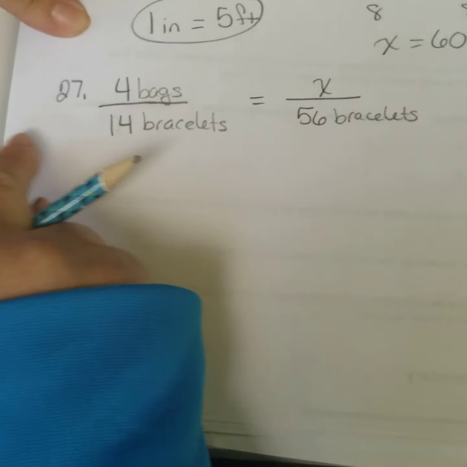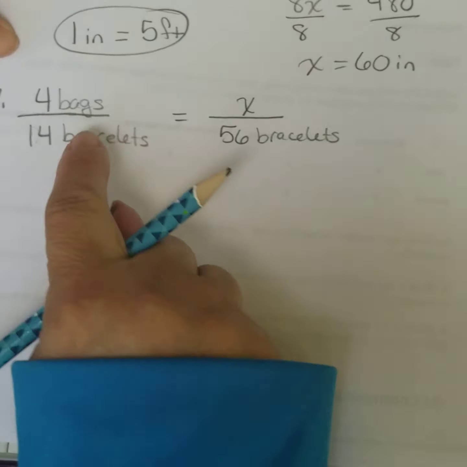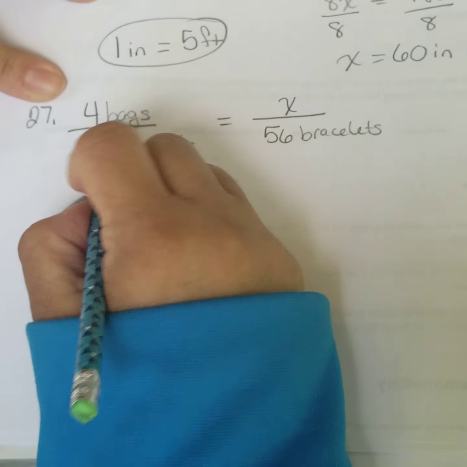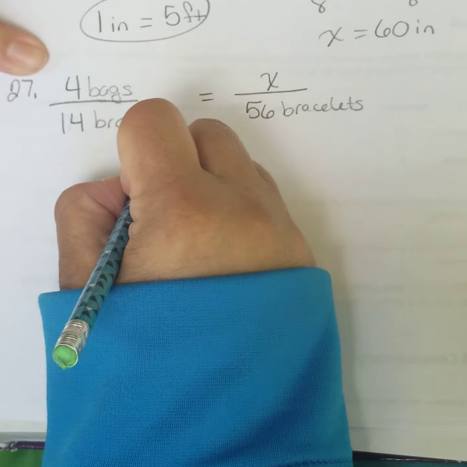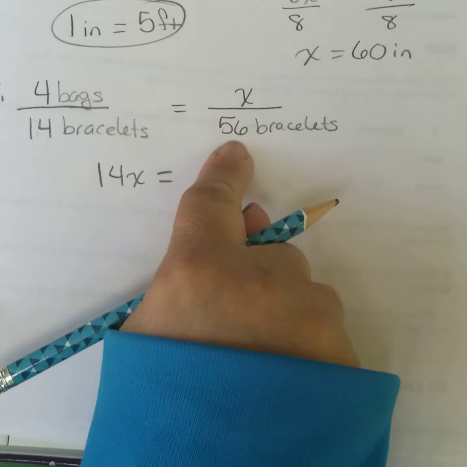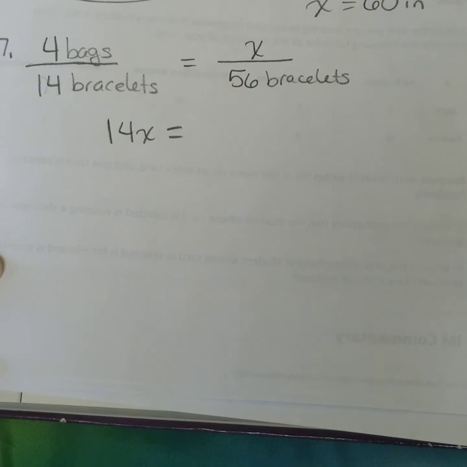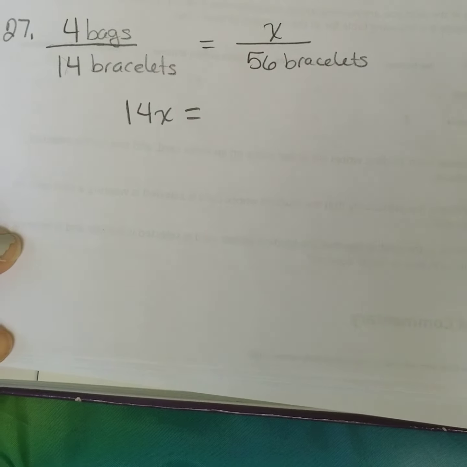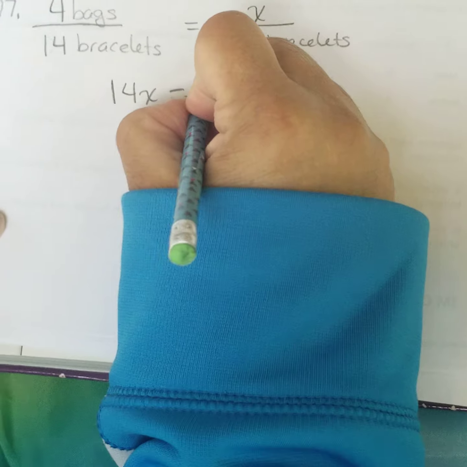So once again, we're going to cross multiply. So 14 times x is 14x. I gave you the answer first. That's always fun. Then 56 times 4, which I know is 224.